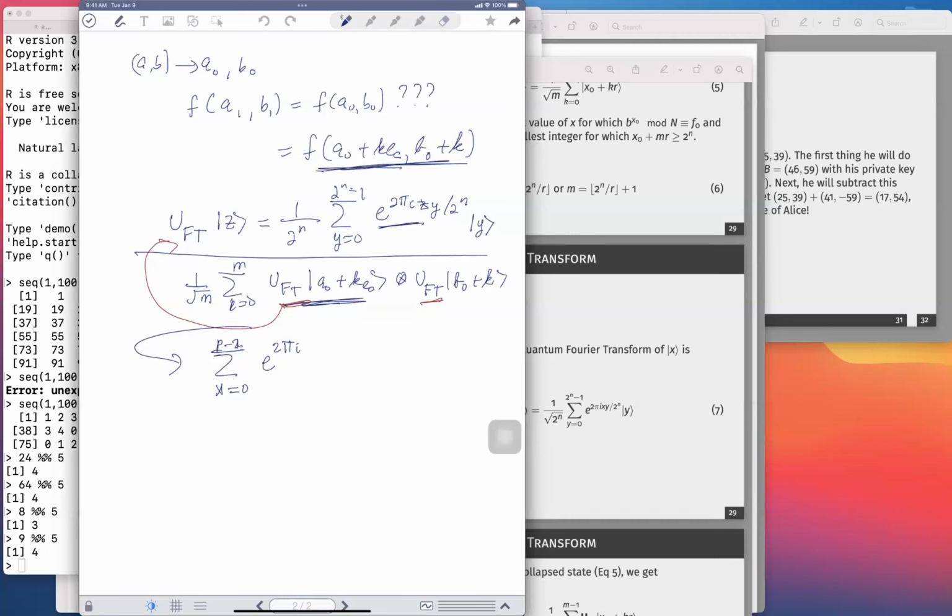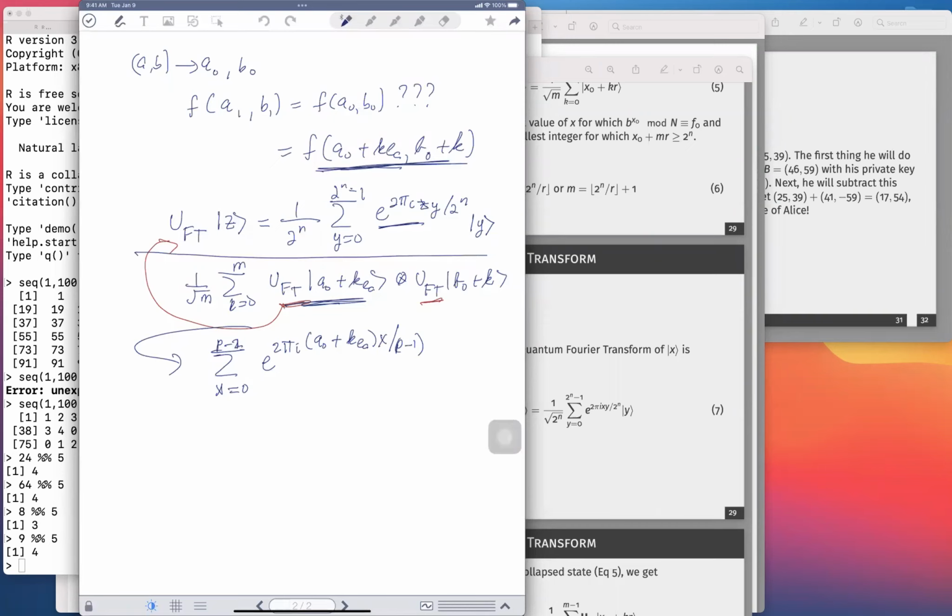Z is this one, okay? Z is a0 plus k e_a multiplied by x over p minus 1, okay? Because there are p minus 1.